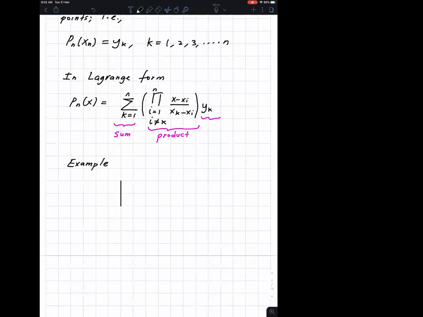Example, you are given x and y. X points are 0, 1, 2, 3, and y points are -5, -6, -1, and 16.